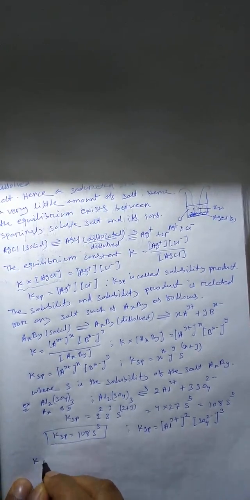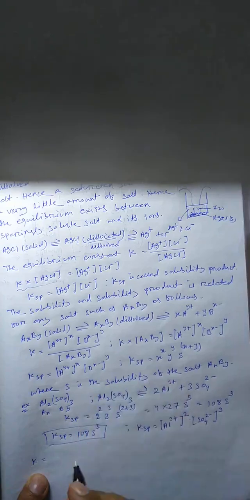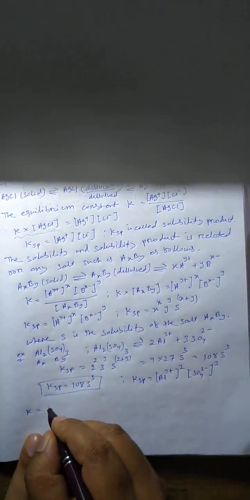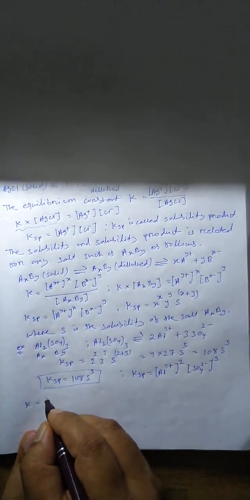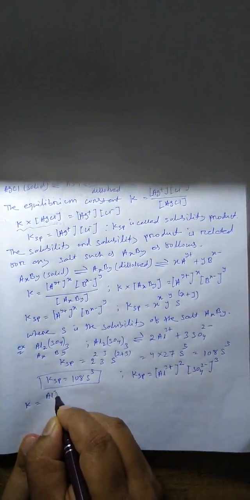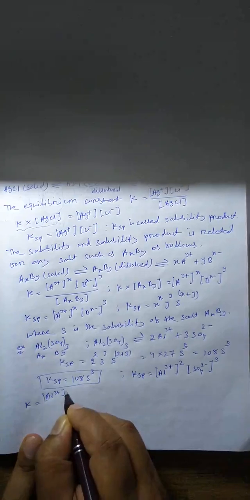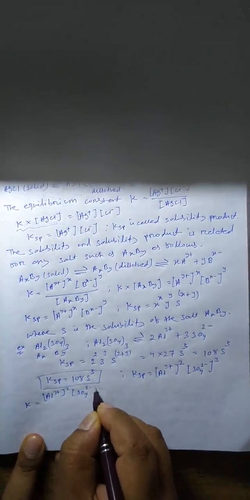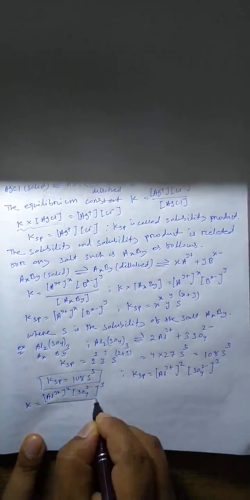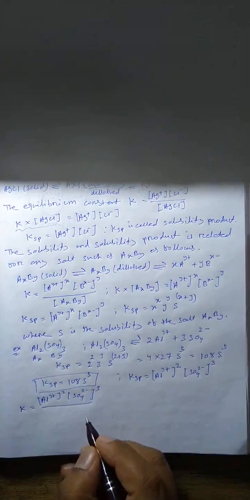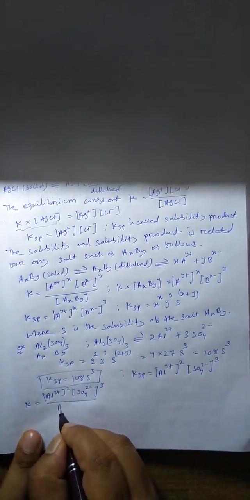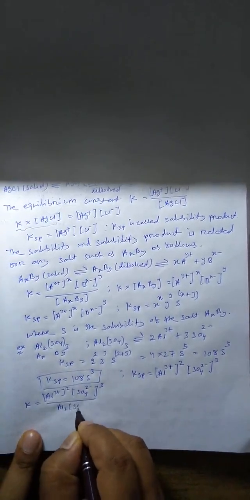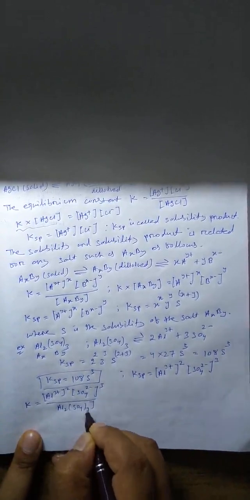My equilibrium constant is the concentration of the product divided by the concentration of the reactant: Al3 plus whole to the power 2 into SO4 2 minus whole to the power 3, divided by the concentration of Al2(SO4)3.